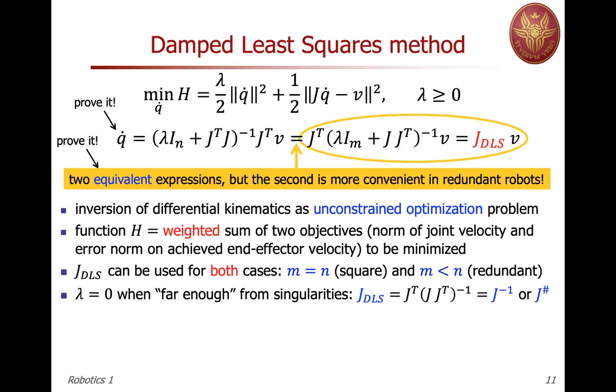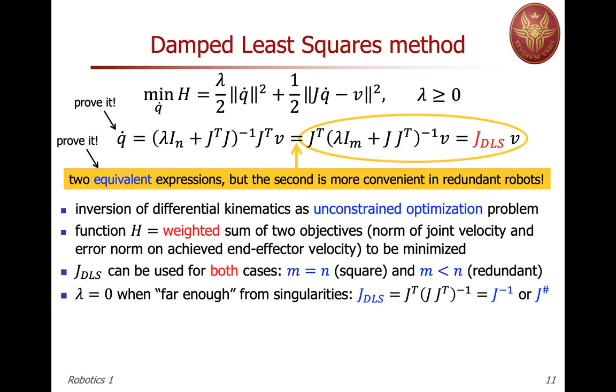So this means that if we are far enough, and far according to some metric from the singularity of the structure that we have analyzed already, then we would set in this formula simply lambda equal to 0. And then we know that we will be able to execute whatever V is being requested. Of course, if we're requesting a large Cartesian velocity, then we will have a large joint velocity. There's a scaling factor which migrates directly.